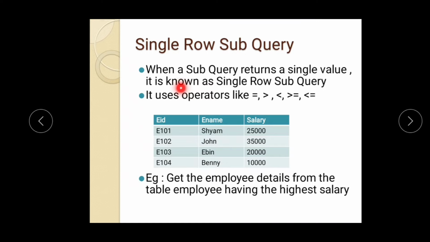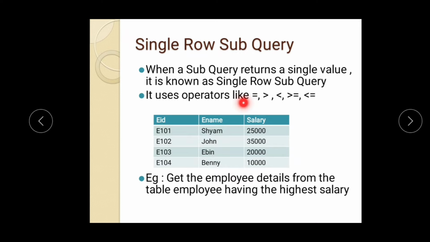When a subquery returns only a single value, it is known as a single row subquery, which means the inner query returns only a single value. That single value is given as a result to the outer query.